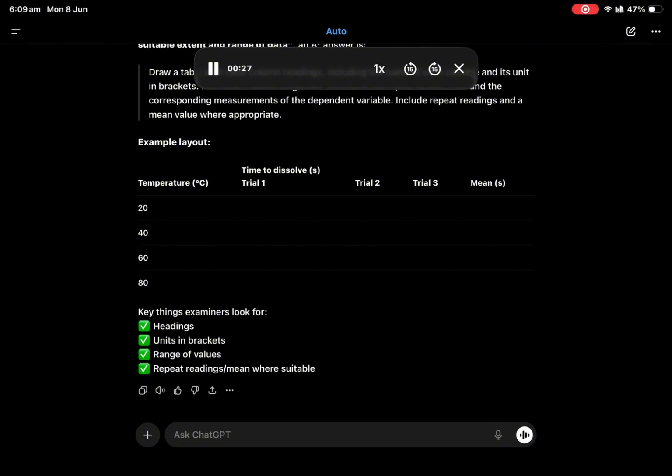Example layout: temperature in degrees Celsius, time to dissolve in seconds, Trial 1, Trial 2, Trial 3, mean; range of values 20, 40, 60, 80. Key things examiners look for: headings, units in brackets, range of values, repeat readings, mean where suitable.